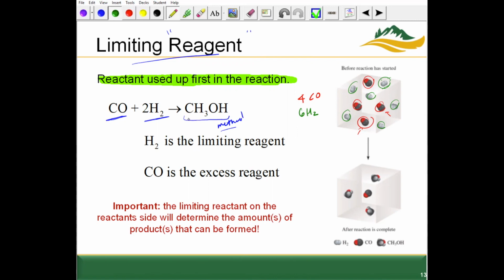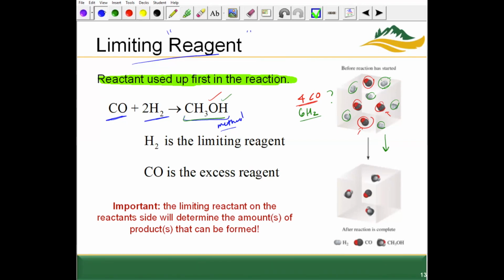Eventually these come together to form CH3OH. When looking at this transition, which one of these is going to run out first? Do we first use up all 4 molecules of CO to produce this product? Or do we first use up all 6 molecules of H2 to produce this product?